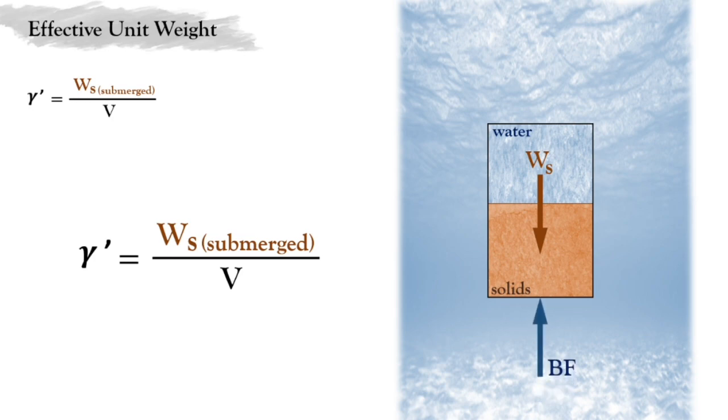If the buoyant force is greater than the weight of the soil solids, ibig sabihin yung soil solids natin ay magfo-float doon sa tubig. If the buoyant force is less than the weight of the soil solids, ang tendency ng soil solids natin ay mag-settle pababa.